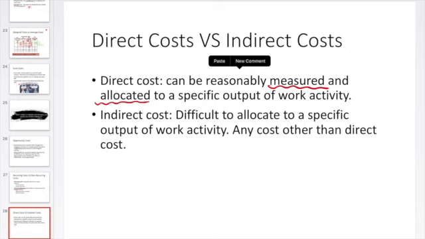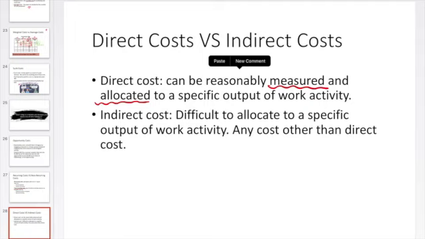But there are other costs, like the administrative cost. For the people who are managing this whole thing, it's hard to allocate the cost for their work. If you pay somebody $1,000 to manage the production line, it's hard to say that maybe 10% of it is allocated to produce this product, and 20% of his salary is allocated to that product.